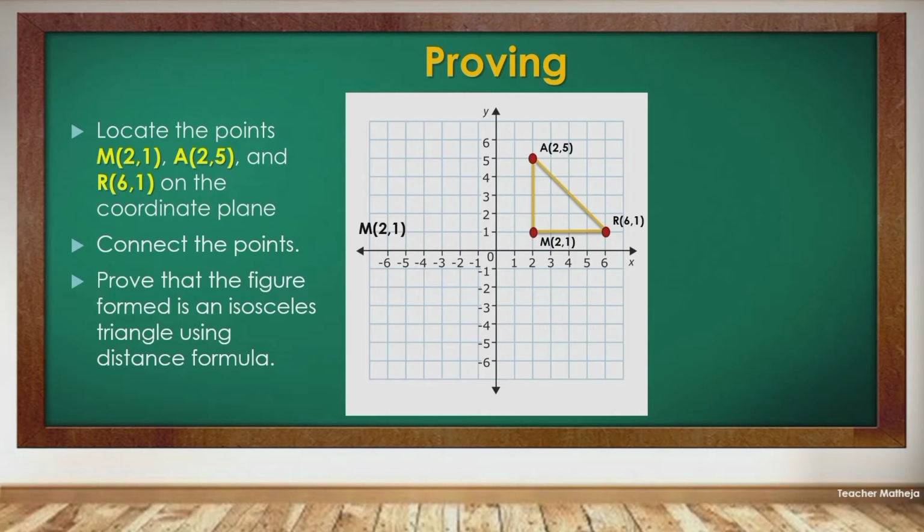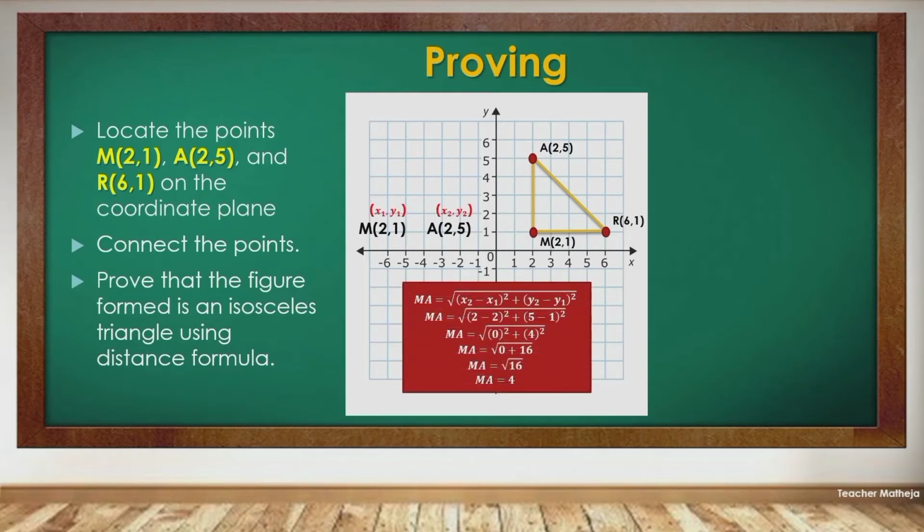So using the distance formula, we have to identify the first point. In my case, we have the first point as M and the second point as A to identify x sub 1, y sub 1, x sub 2, y sub 2. So by substitution, x sub 2 is 2, x sub 1 is 2, so 2 minus 2 is equal to 0.